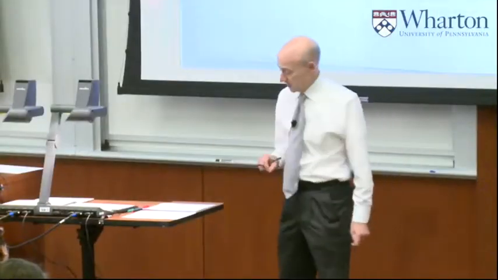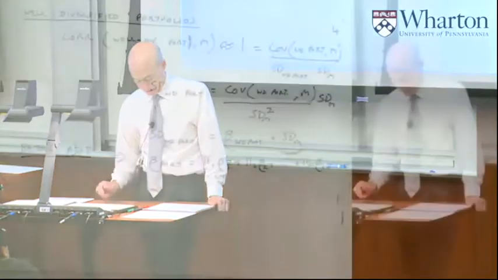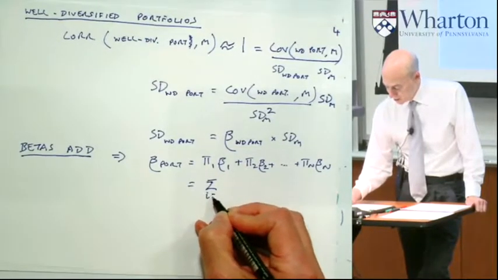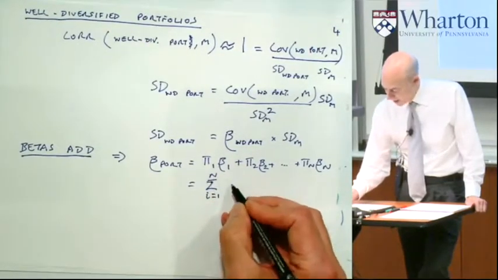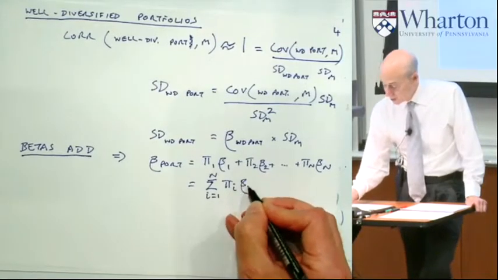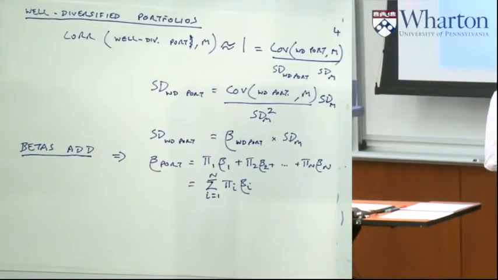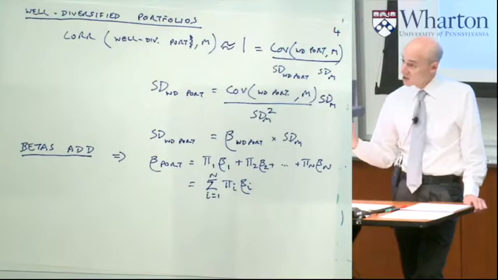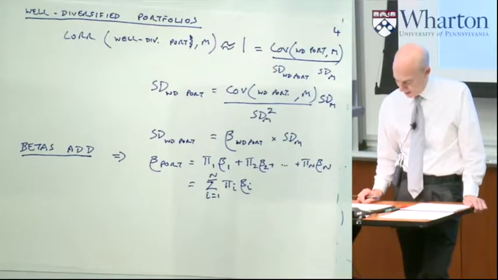And the weights in the calculation are the weights in the portfolio. So we can write that as sigma i equals 1 to n of pi i beta i. If you want to see the derivation of that, it's at the end of the section. And it shows why that holds. But basically, it's the structure of the covariance formula.